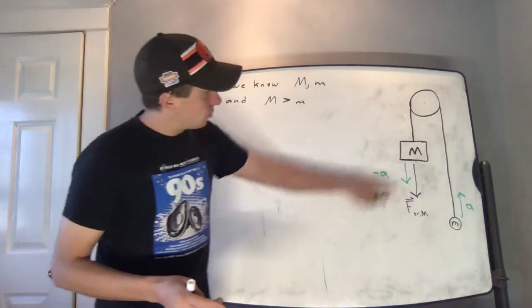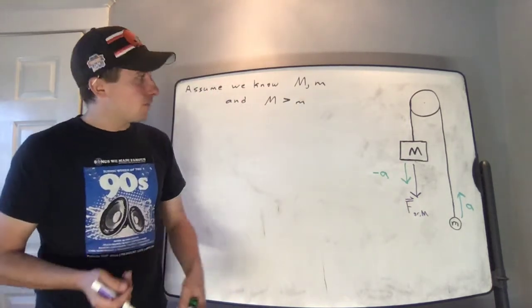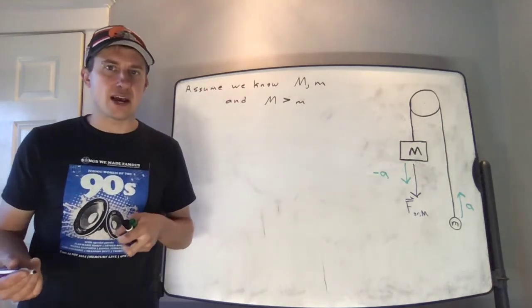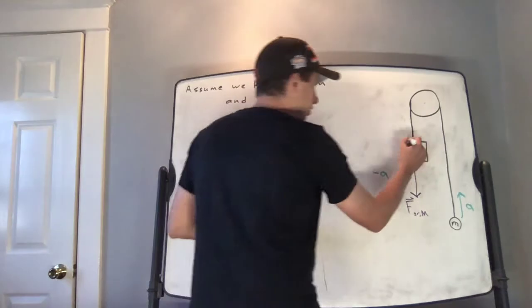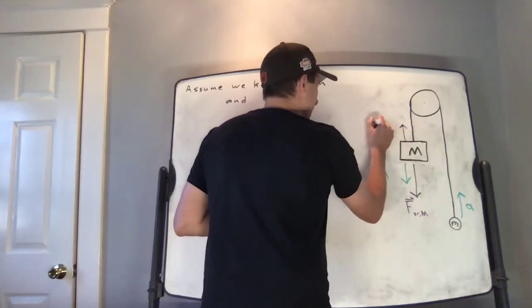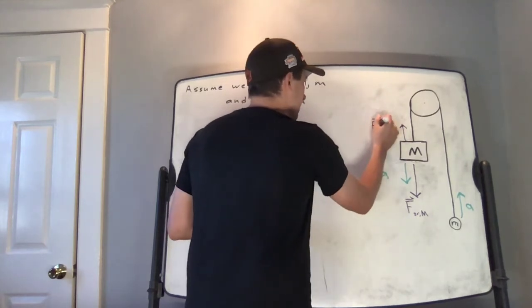And I say, well, there is a rope, and ropes pull, they cannot push. So there must be an upward force of tension acting on the large mass. So I'm going to draw that in as well. Here is an upward force, F tension on the large mass.